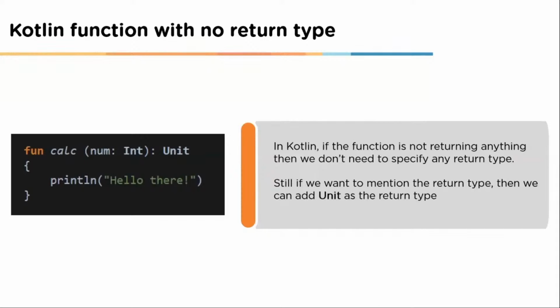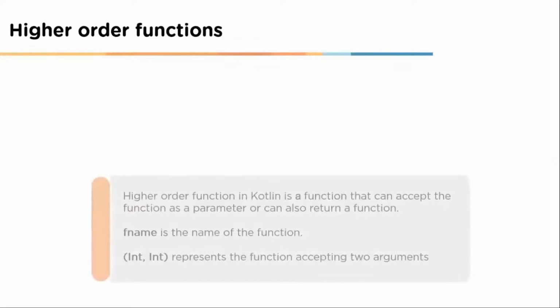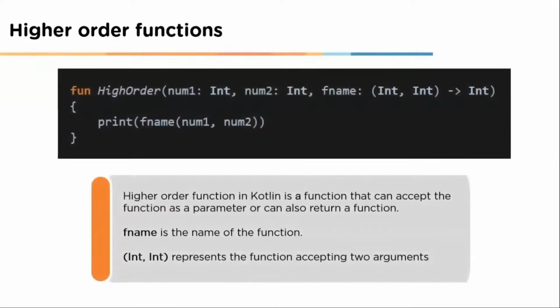The next is higher order functions. A higher order function in Kotlin is a function that can accept functions as a parameter and can also return a function. We have heard that functions accept variables, but we haven't heard about functions accepting other functions. In higher order functions, we can easily do that.